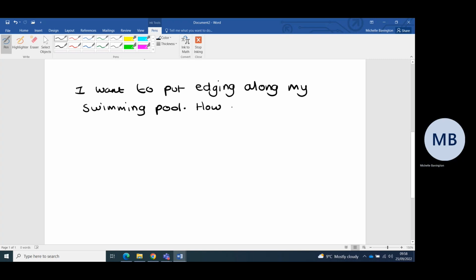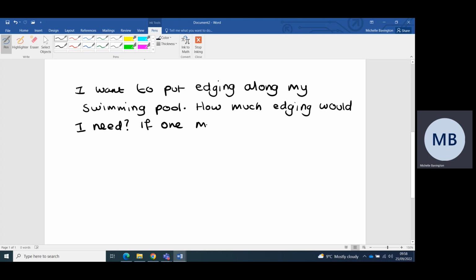How much edging would I need if 1 meter costs £2.50?